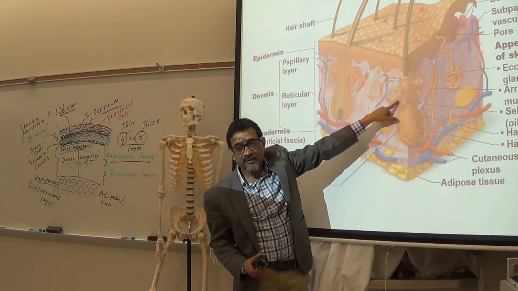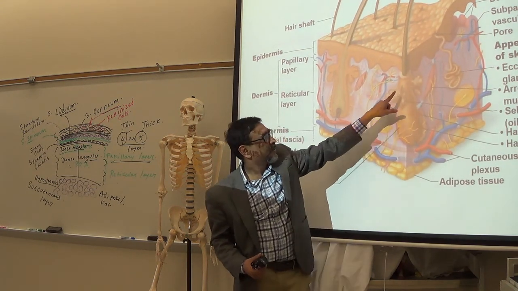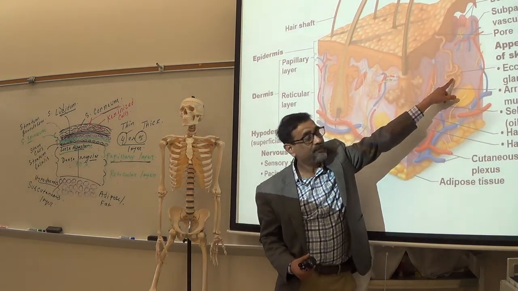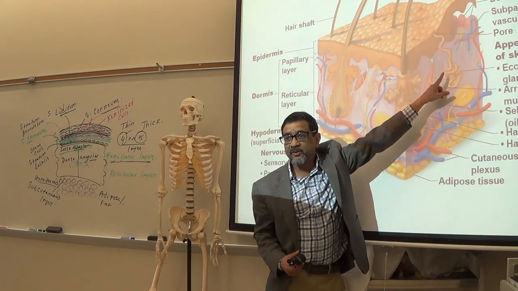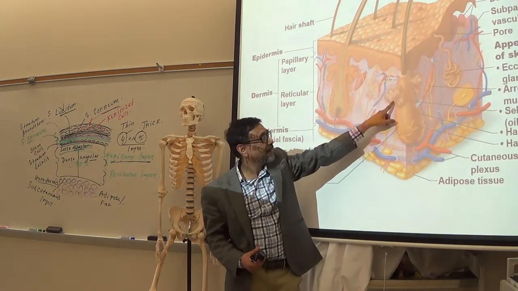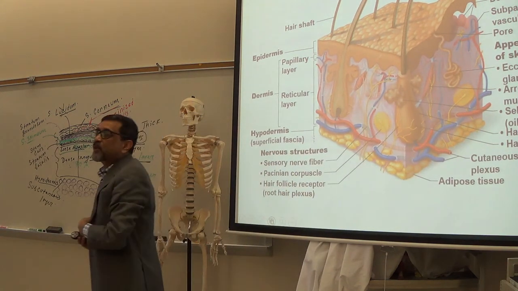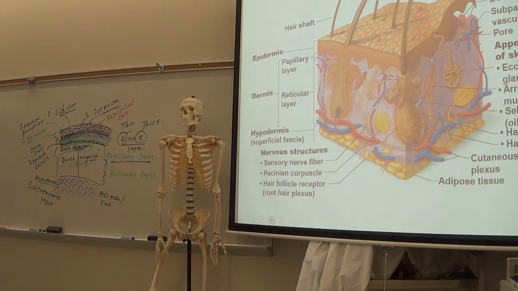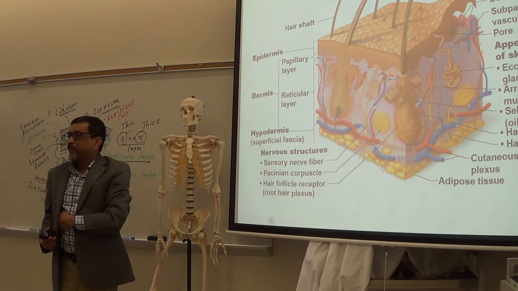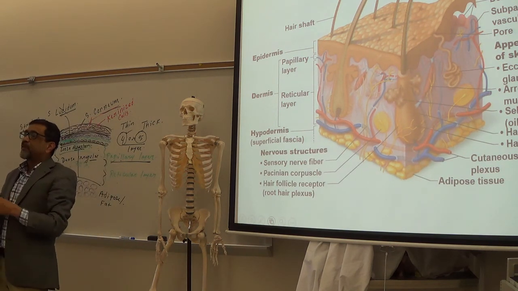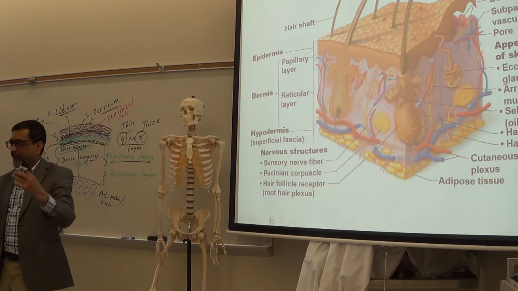Sebaceous glands, sweat gland. Okay, so two types of glands, sweat gland and what? Sebaceous gland. Which one is attached to the follicle? Sebaceous is attached to the follicle, right? And why? Because the sebaceous glands grow from the follicle.